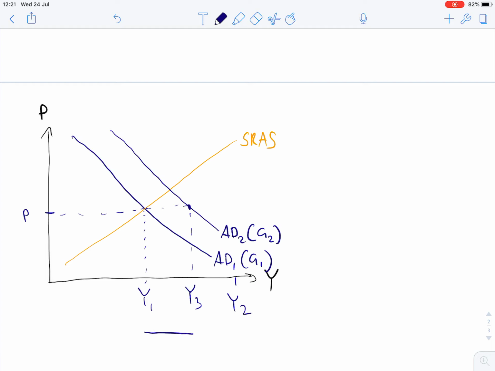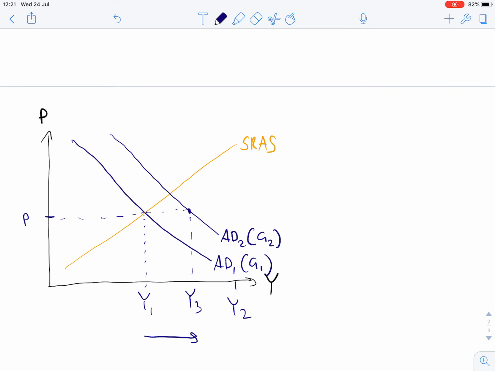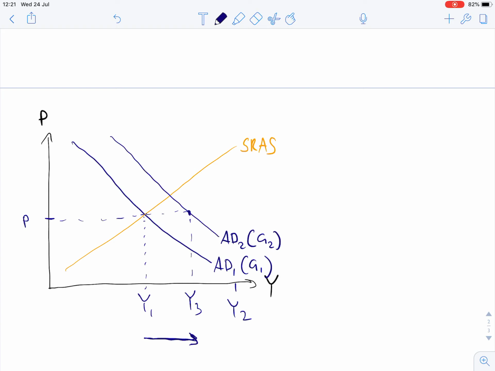We're only moving to Y3 now, but again, just as the interest rate effect offsets some movement from Y1 to Y2, we now have the price effect as illustrated in the ASAD model, which is offsetting some movement from Y1 to Y3. Because as the economy moves from Y1 to Y3, the short-run aggregate supply curve tells us that some of this tendency is offset because there is upward pressure on prices as short-run output increases.